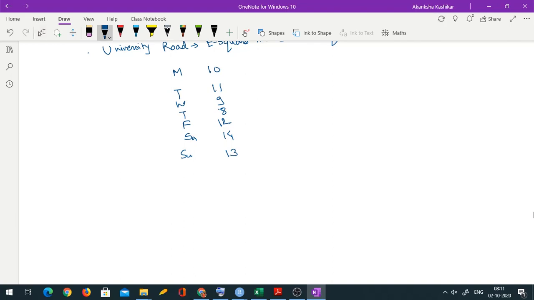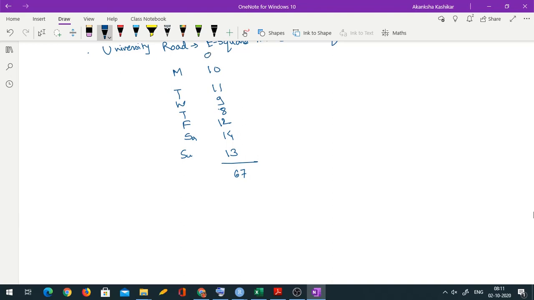Okay, so let me see what is the addition. 21 and 9, 30, 38, 50 plus 27, so 67. So my total number of accidents recorded is 67. I have data on 67 accidents. I checked how many of them happened on each day and I have recorded them.